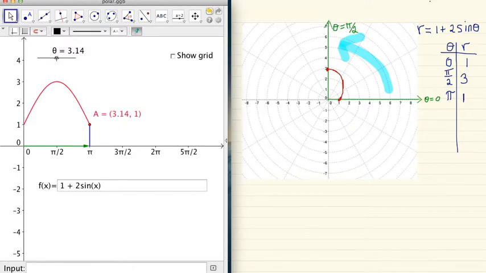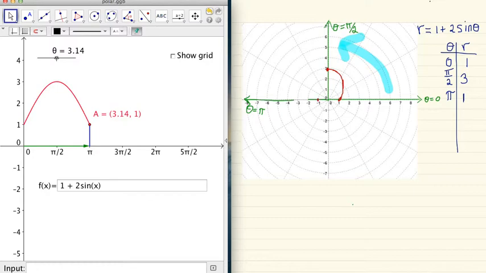Theta equals pi corresponds to the negative x-axis. And r equals 1, so I'm right here.